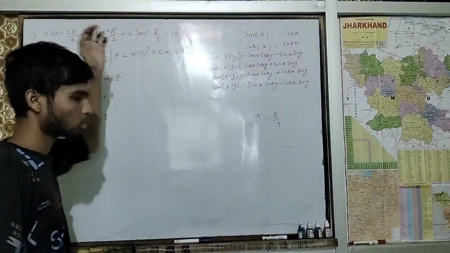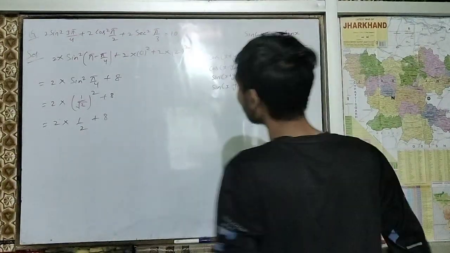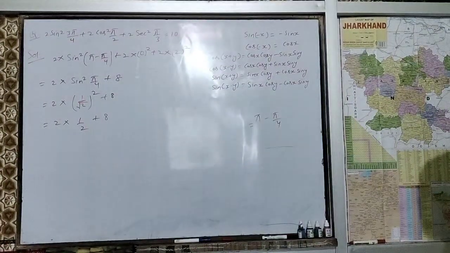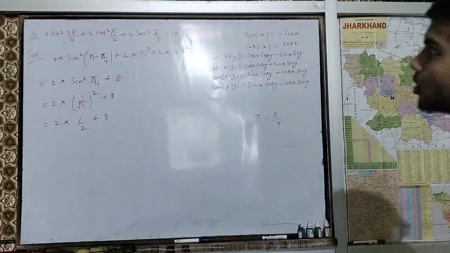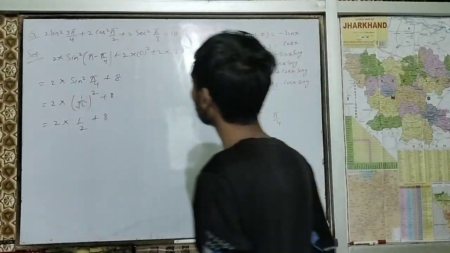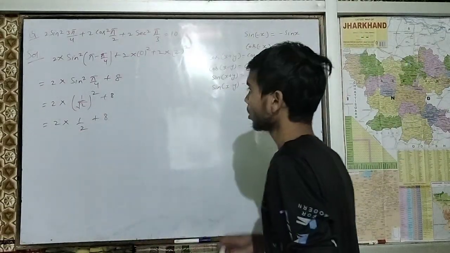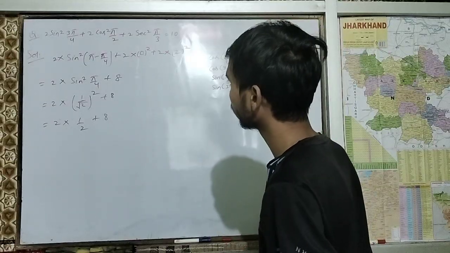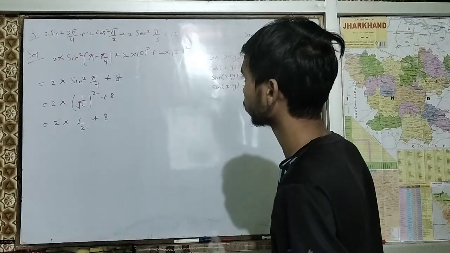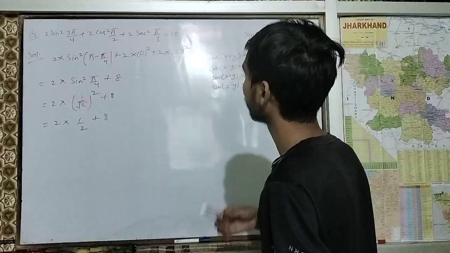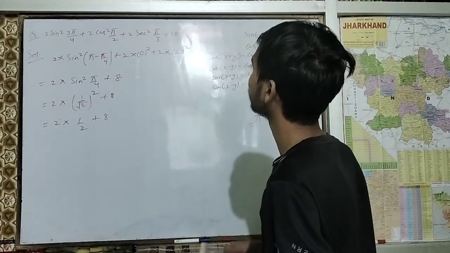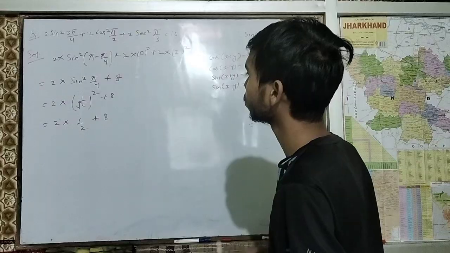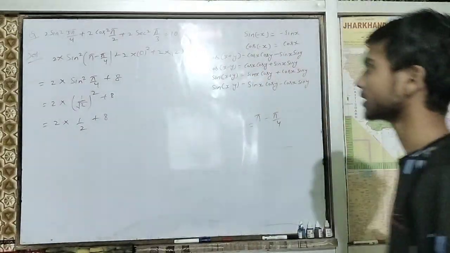And here cos 90. One upon root 2, 2 to the 4, 2 multiplied by 2 to the 4, 4 to the 8, 1 plus 8.